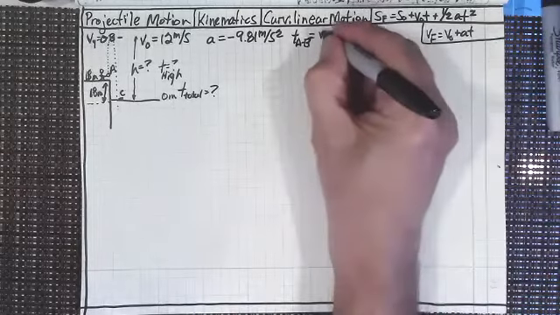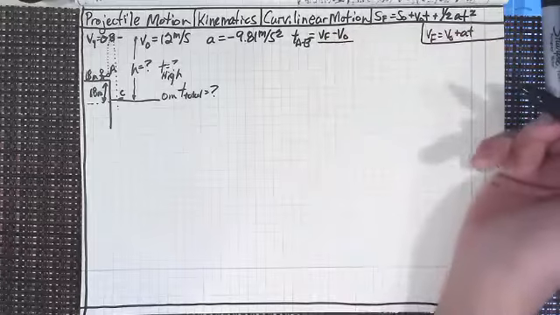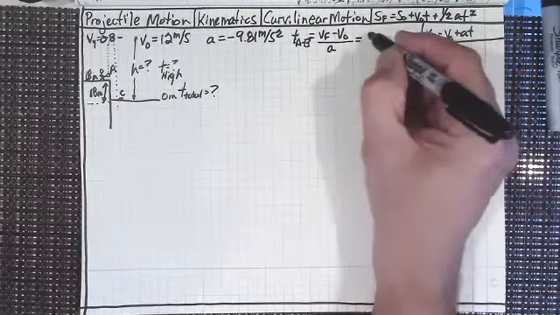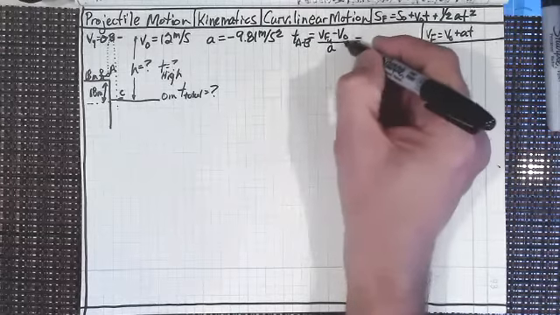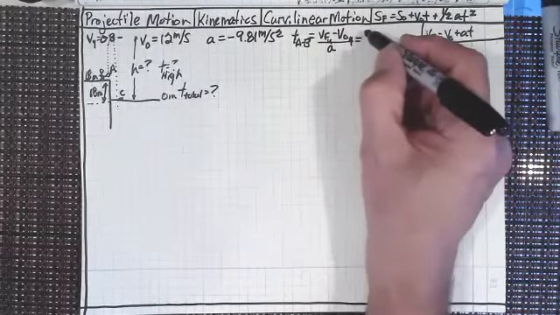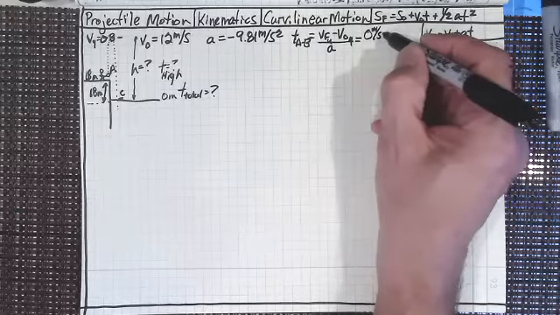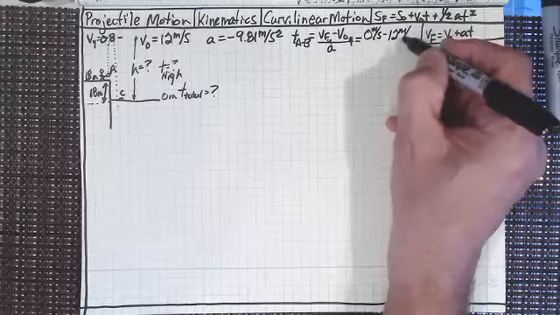So I've got V sub F minus V sub O divided by the acceleration. Well, let's see, final, and this would be in the y direction, right? So the final velocity in the y direction is 0 meters per second, minus the initial velocity, which is 12 meters per second.